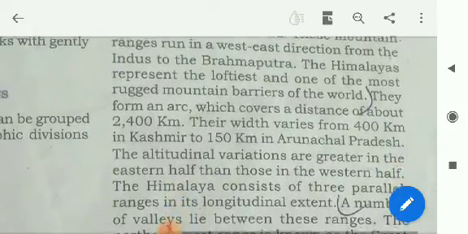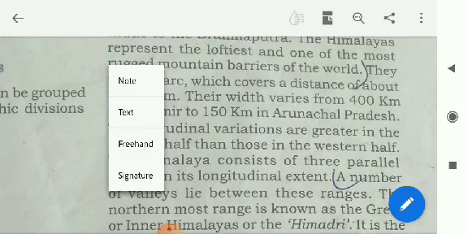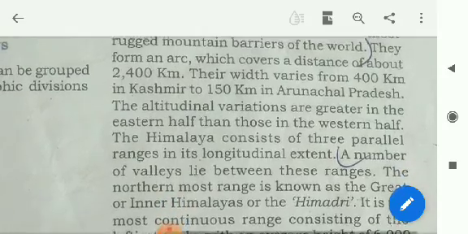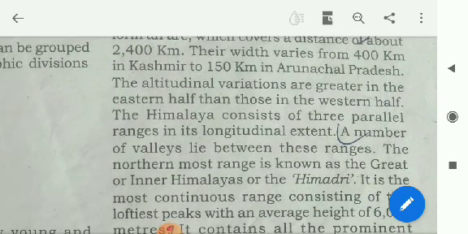The Himalayas represent the loftiest and one of the most rugged mountain barriers of the world. They form an arc which covers a distance of about 2,400 kilometers.